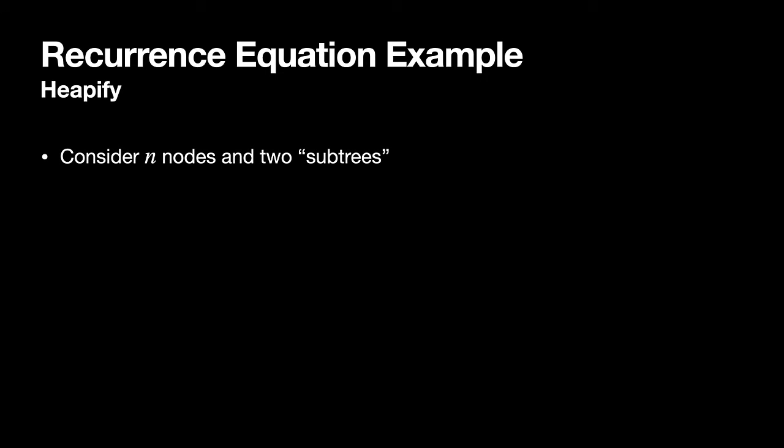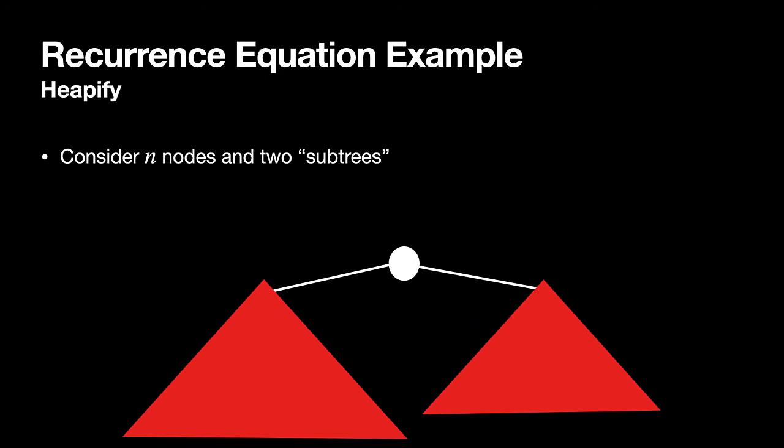Okay, so consider that we have n nodes and two subtrees, but imagine that it's not full on that bottom layer. Imagine that only one of the two sides is completely full. So let's figure out how many total nodes we have in this particular tree. And first of all, just note some properties.